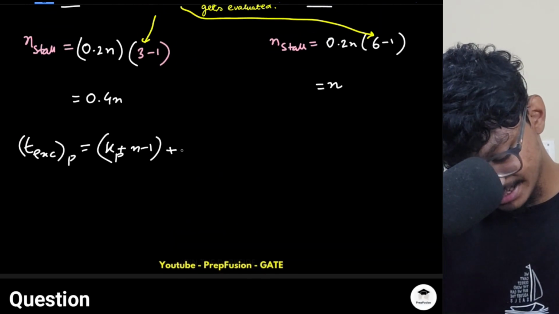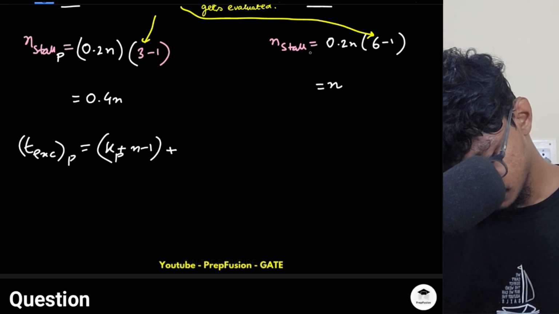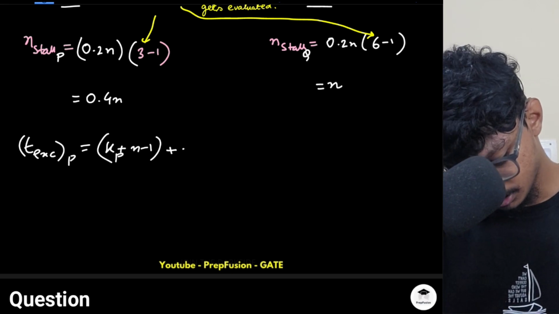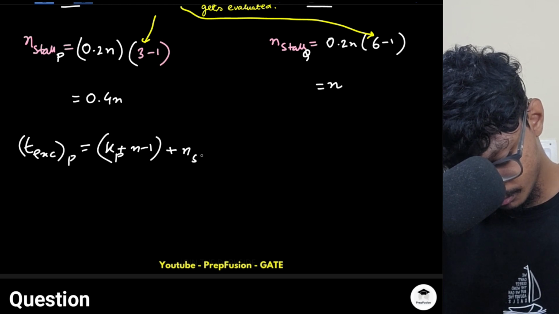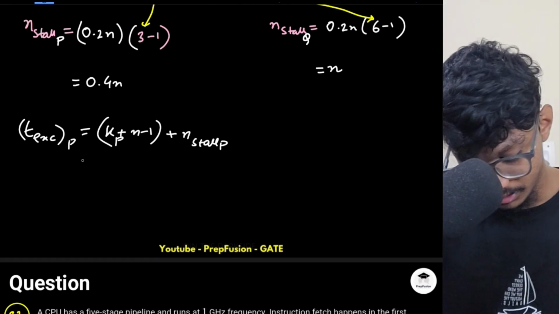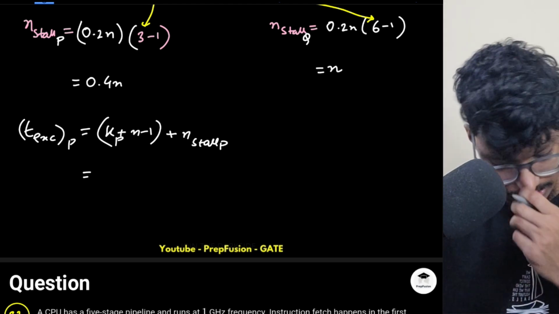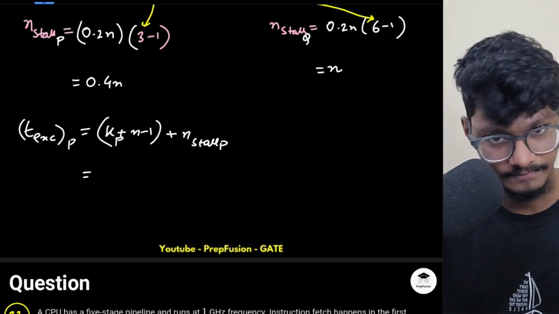Plus the extra stall cycles. This is n stall p. This is n stall q. As n is very large, we can ignore the k.